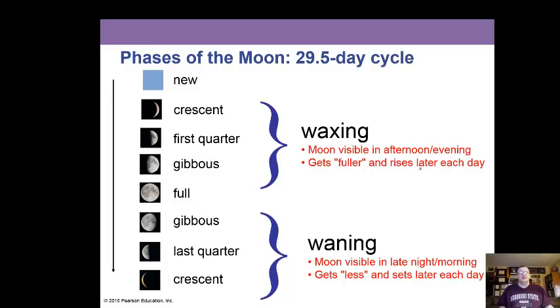We start with new and then go to a crescent moon, first quarter a week later, a gibbous moon, more than half lit up, full moon 2 weeks into the cycle, a waning gibbous, third quarter or last quarter, and then a waning crescent. It takes about 4 weeks to occur. And there are certain times of the day and night where we see the different phases of the moon.